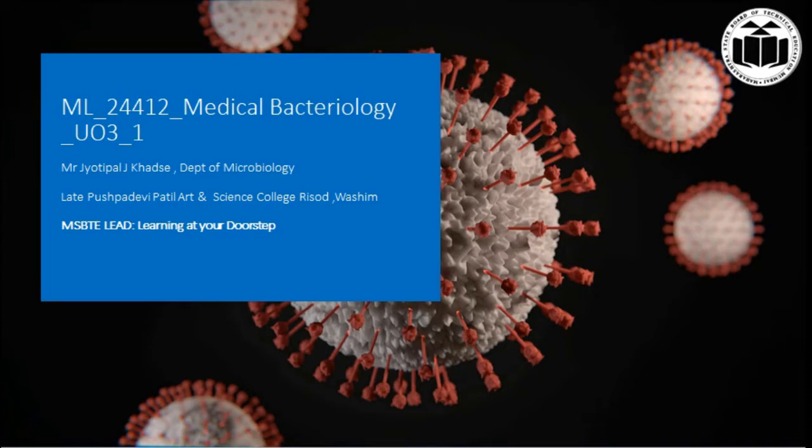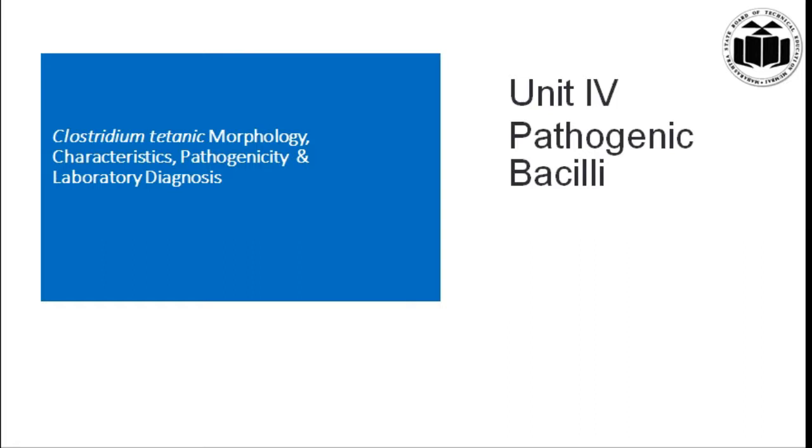And in today's lecture we are going to deal with a very important topic, which is related to unit 4, pathogenic bacilli. The pathogenic bacilli we are going to deal with are gram positive bacteria.